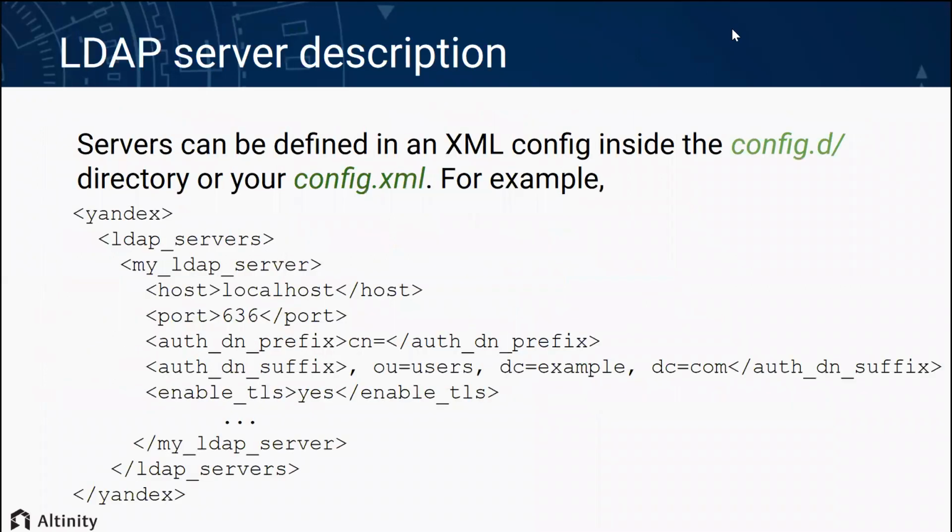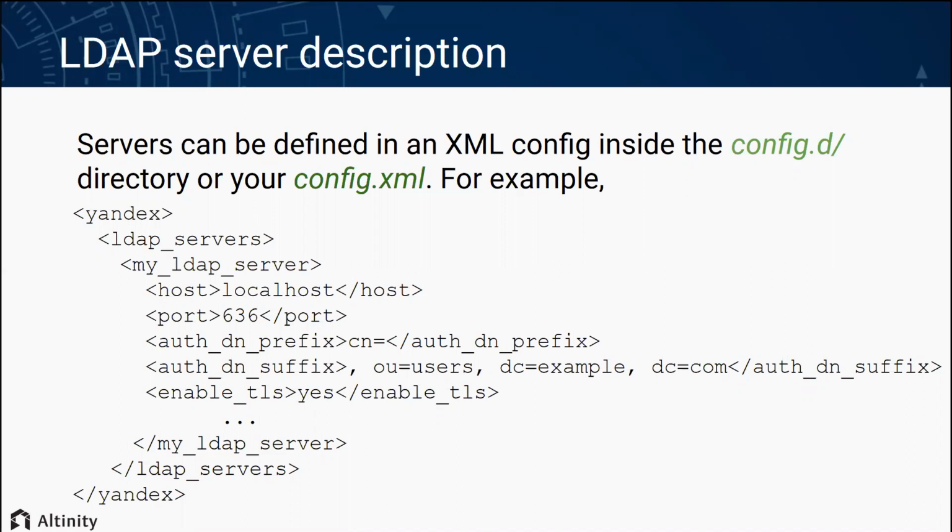So we can go and see how you would switch to using LDAP user authentication. First you need to define your LDAP server. The descriptions go into the config.xml, or you can create a separate XML configuration inside the config.d directory, which is usually the recommended way. You will define an LDAP service section, and in there you can define your service.